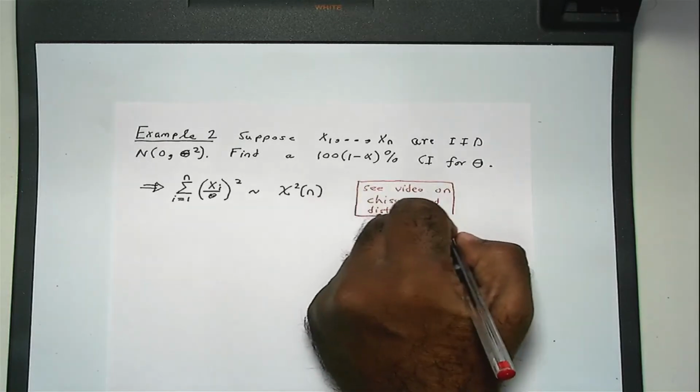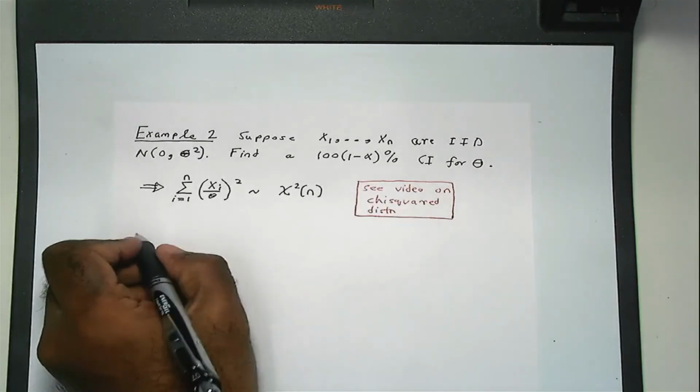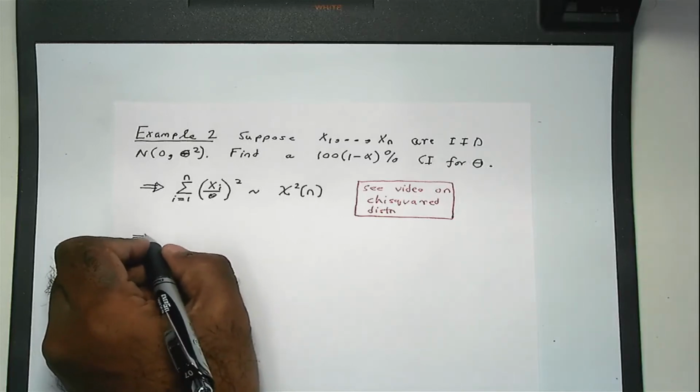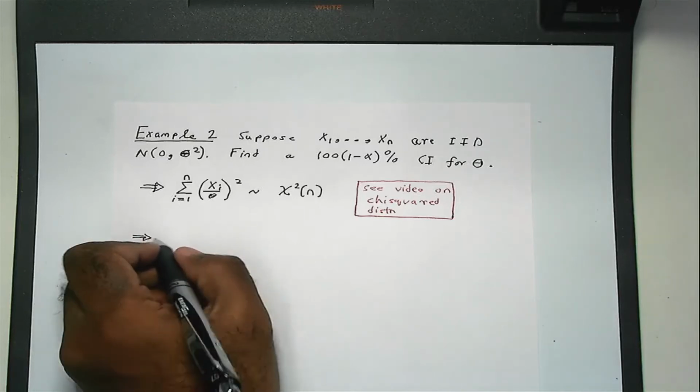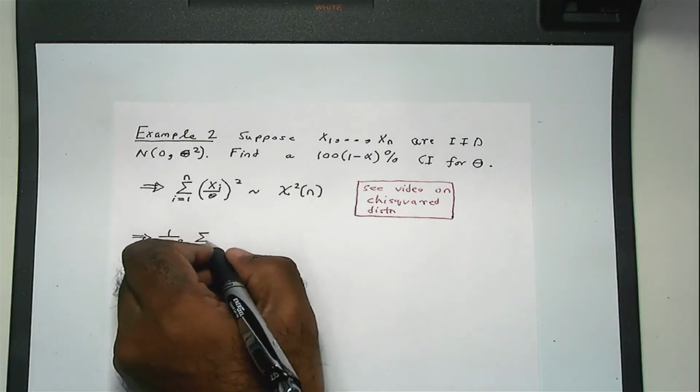So this implies that 1 over theta squared times the sum of xi squared has a chi-square distribution with n degrees of freedom.